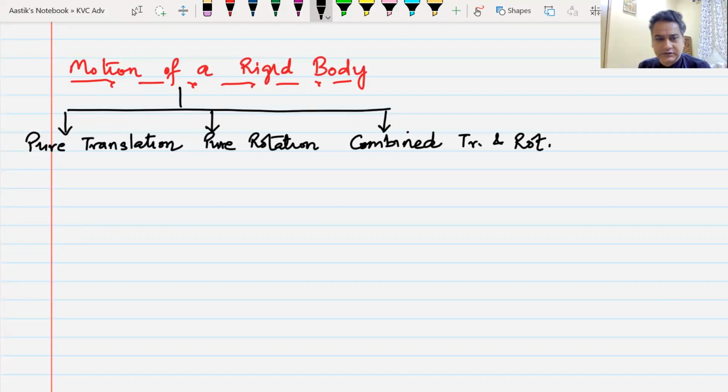Actually, there is no need to classify them as three. You can only call it type 3. The motion of a rigid body is a combination of translation and rotation. Sometimes rotation is 0, it is pure translation. Sometimes translation is 0, it is pure rotation. Sometimes it can be a combination of all the three together.